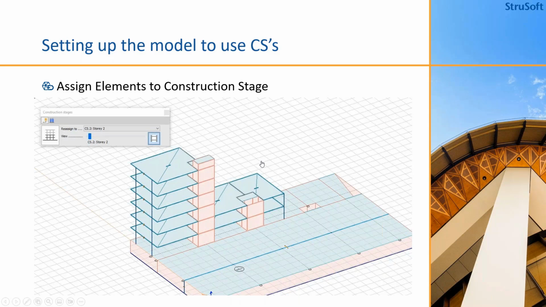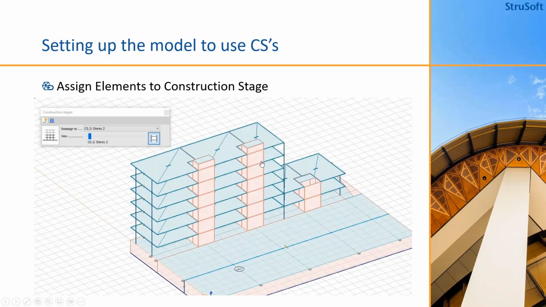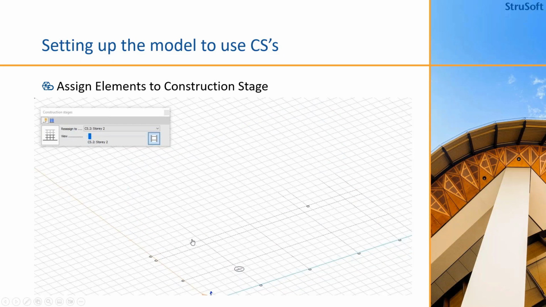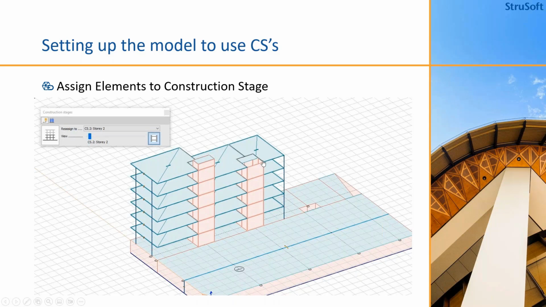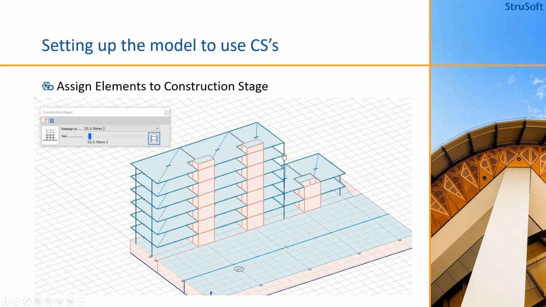So here it's also good to see that in order to build the structure, it needs columns and beams and then the plates. So each stage is basically one story that will be built.